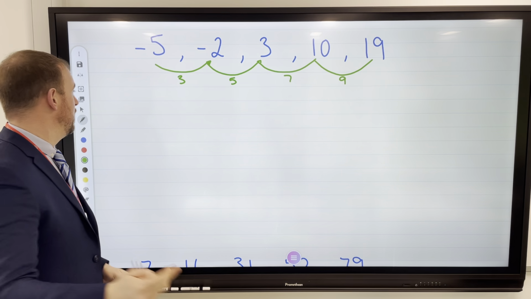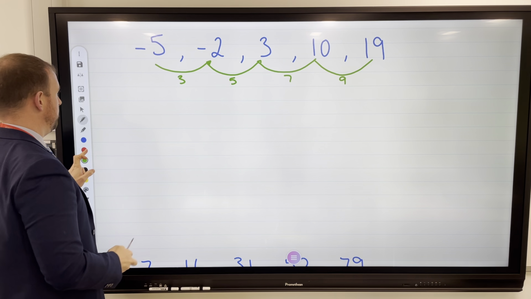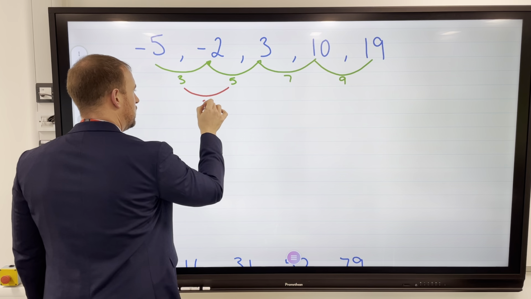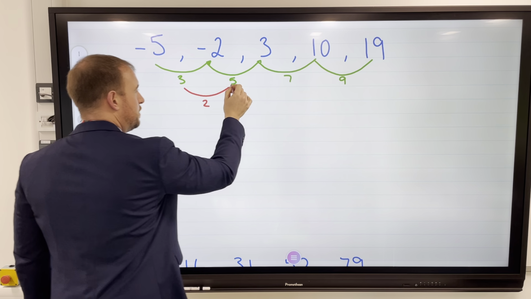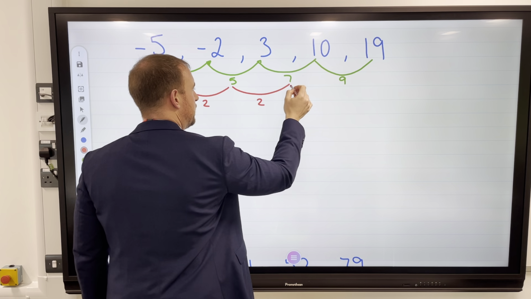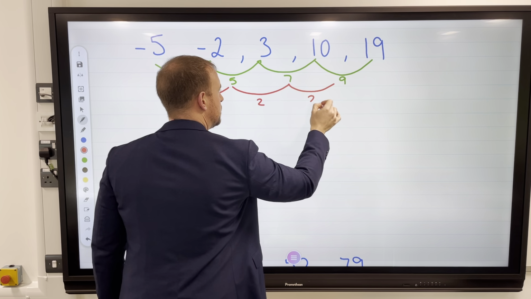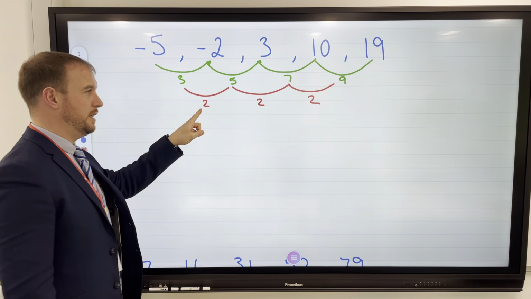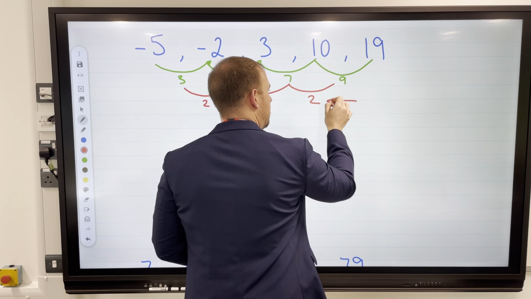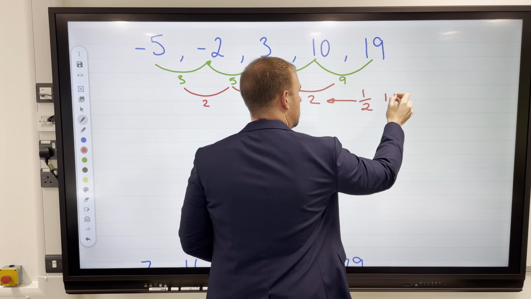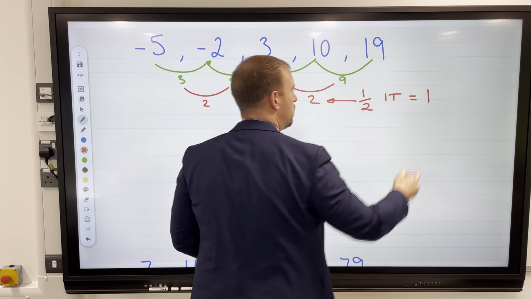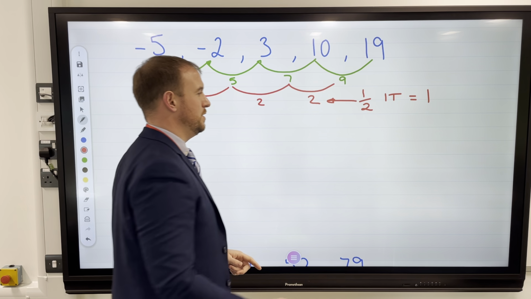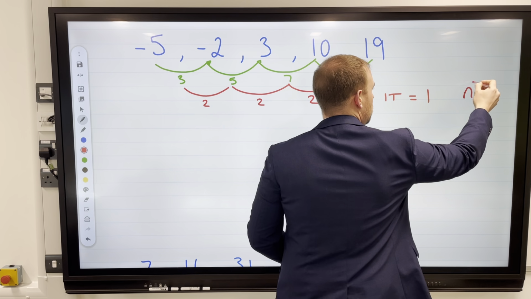How many of the n squareds are there going to be? That's the second difference. From 3 to 5 we add 2. Add 2 from 5 to get to 7, and add 2 there. Second difference, we have to half it, which equals 1, so we know it's going to be n squared. Okay, just 1n squared.